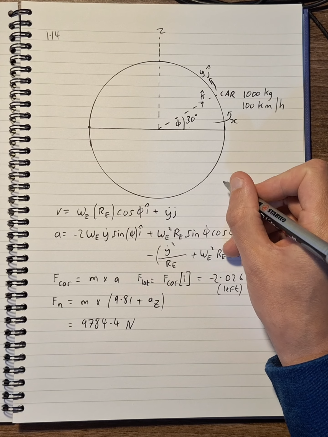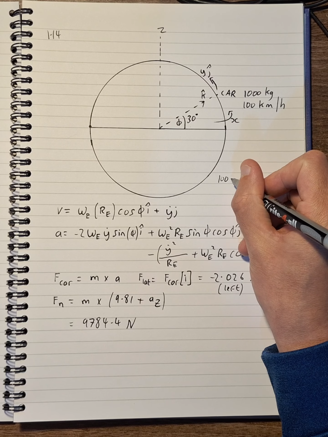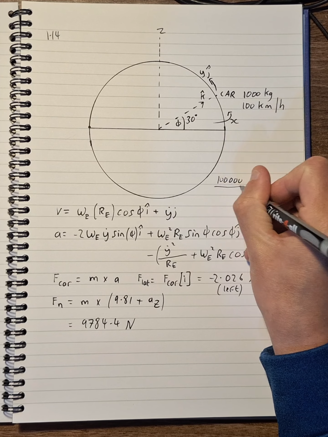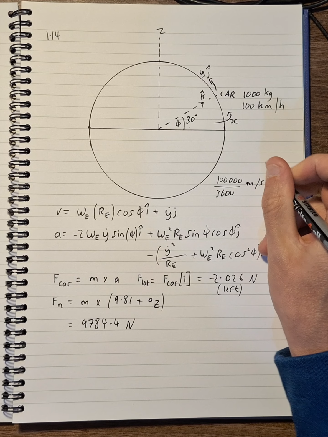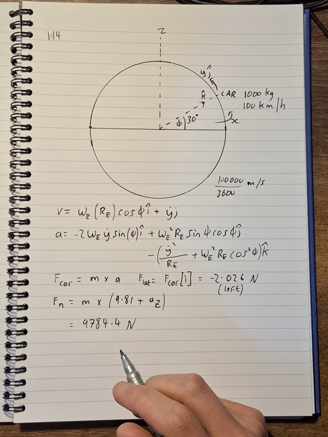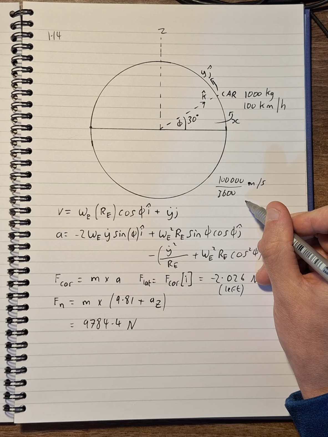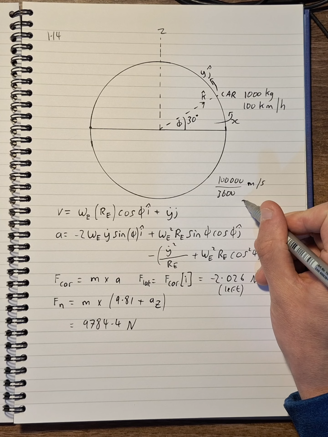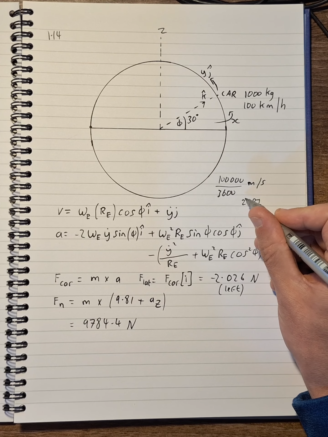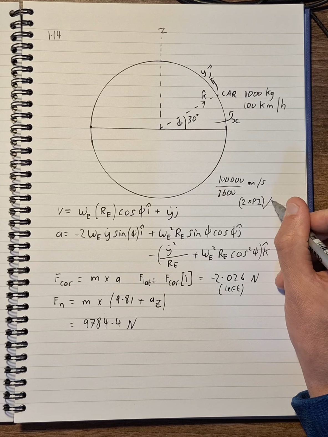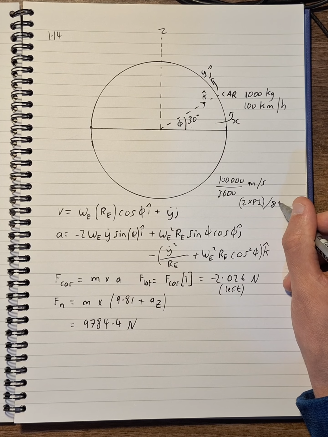And the velocity is 100,000 over 3,600 meters per second, and the angular velocity of the Earth is 2 times pi for one complete revolution divided by the number of seconds in a day.